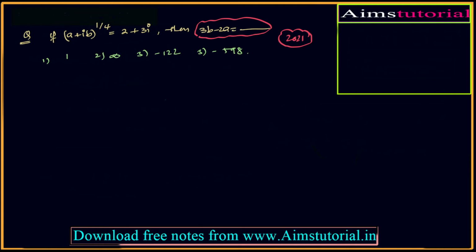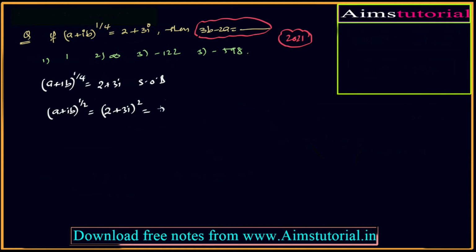Okay, so first write the given: (a plus ib) whole power 1 by 4 equals 2 plus 3i. First I am squaring on both sides, so the 1 square gets cancelled, still (a plus ib) whole power 1 by 2 remains, and this will become (2 plus 3i) whole square.